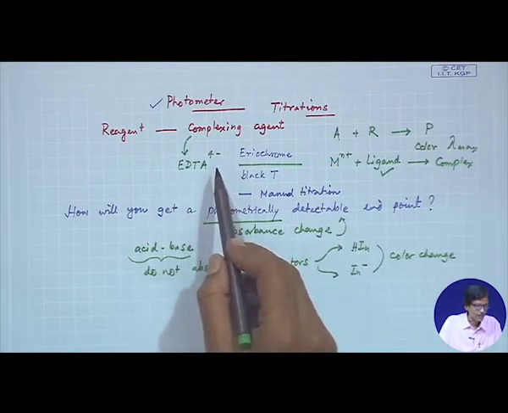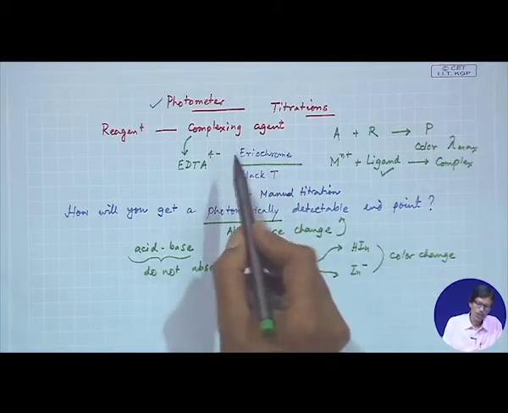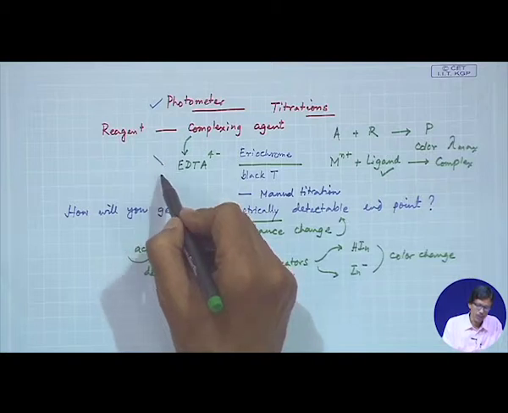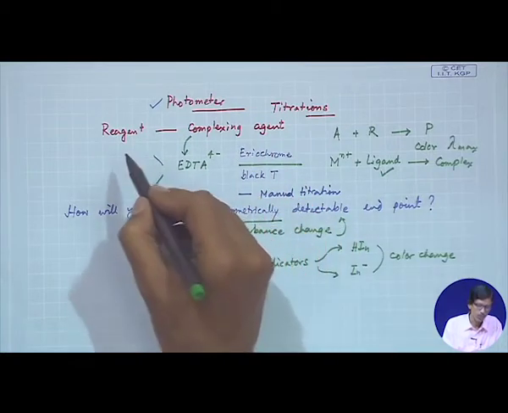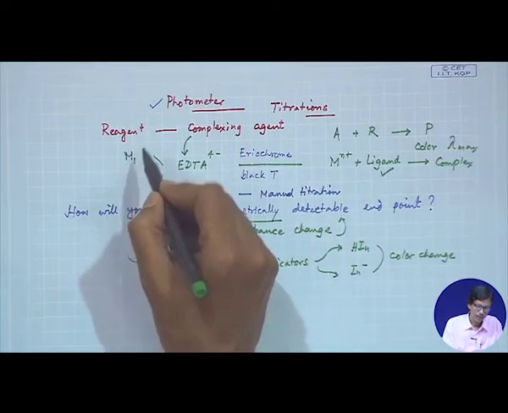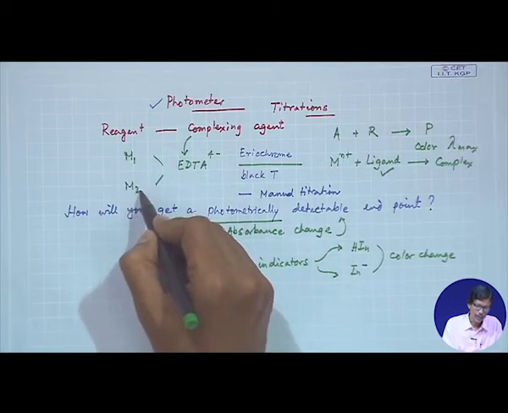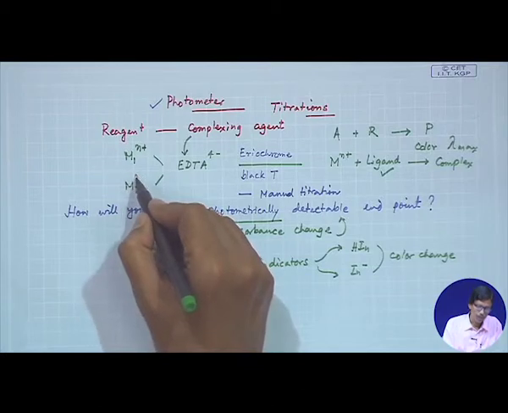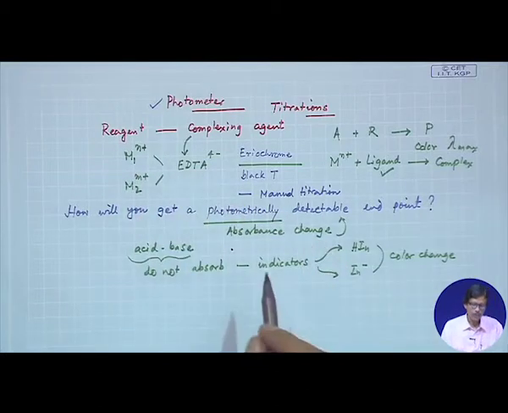For this titration also, your reagent is the same and we are looking for the analysis of say two metal ions, M1 and M2. These two can be of different charges also.